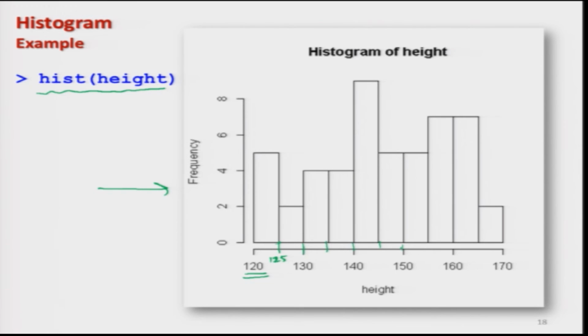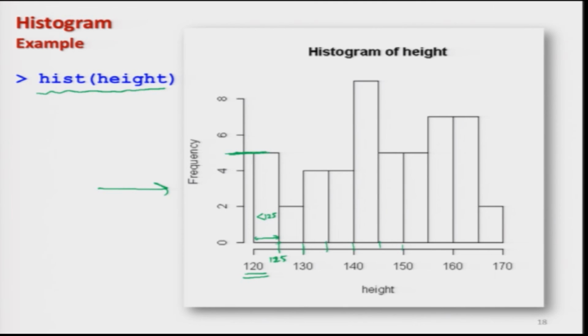And it shows what values are contained inside each bar. All those values which are less than 125 are stored in this bar, and I can look at the height of the bar.